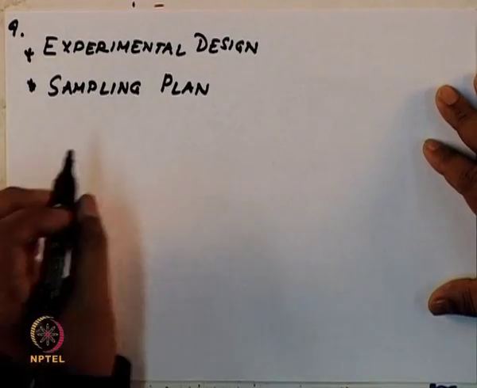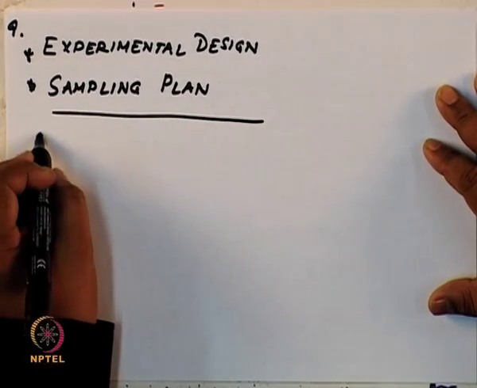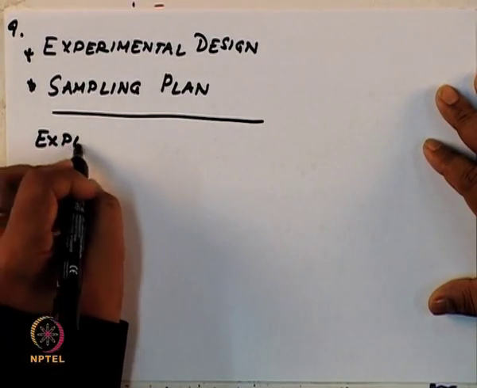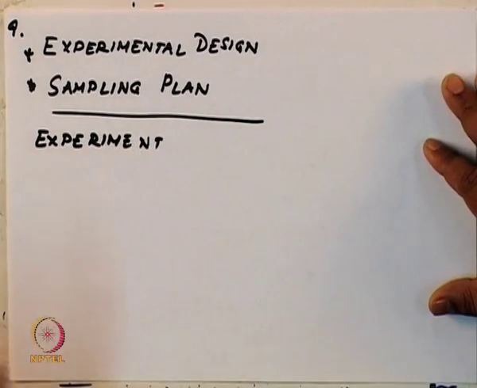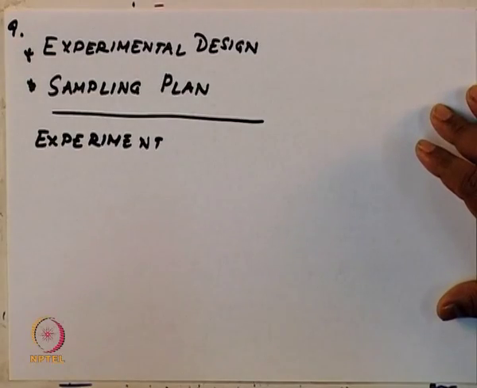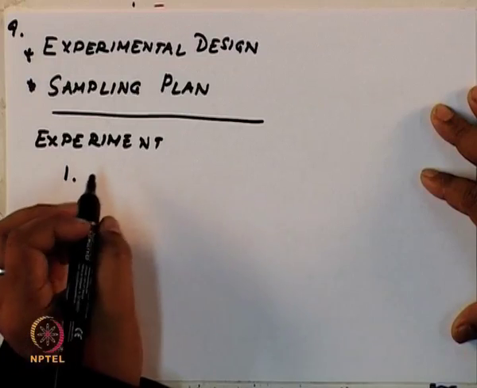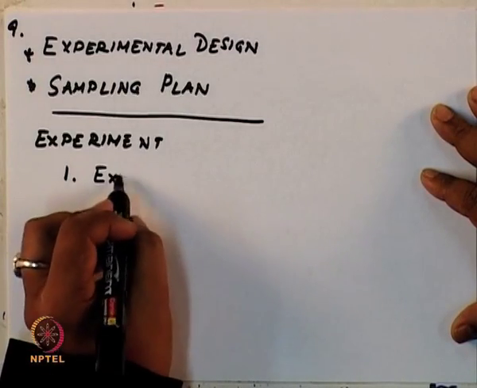And when you are thinking of an experiment, there are various aspects of the experiment. First is who you are measuring it on, or what is your experimental unit.